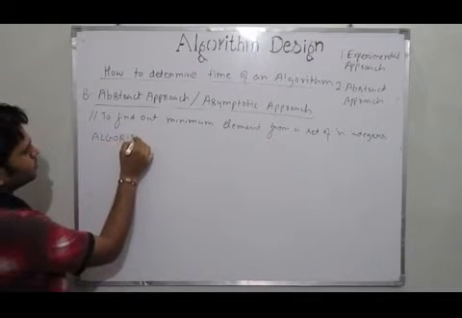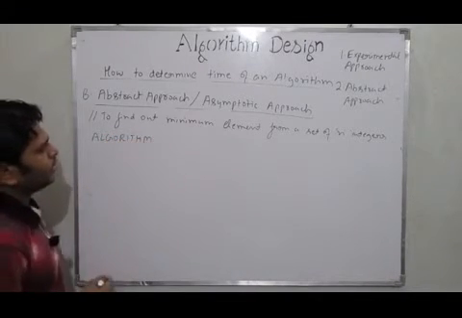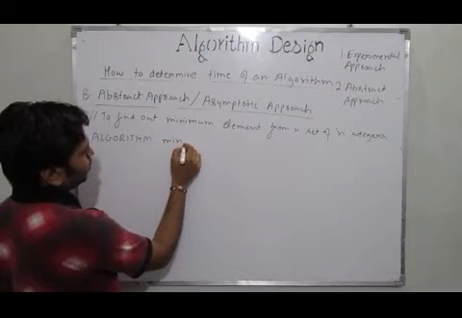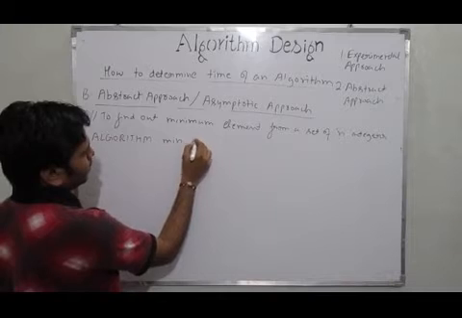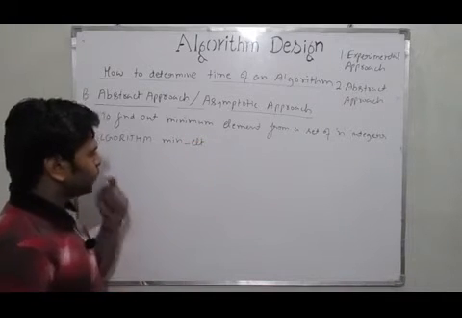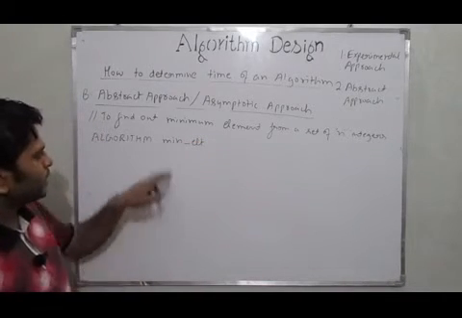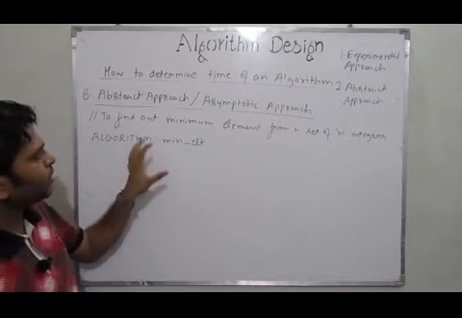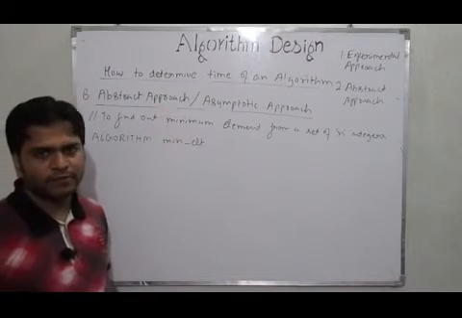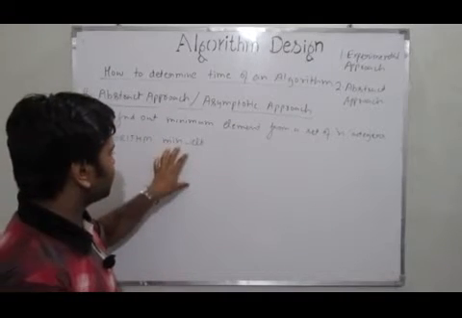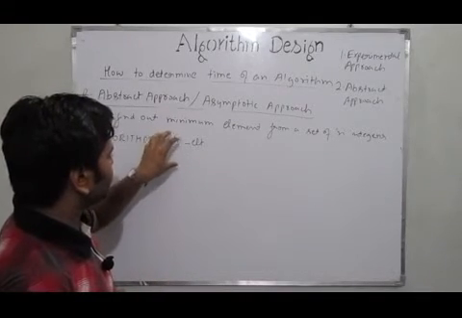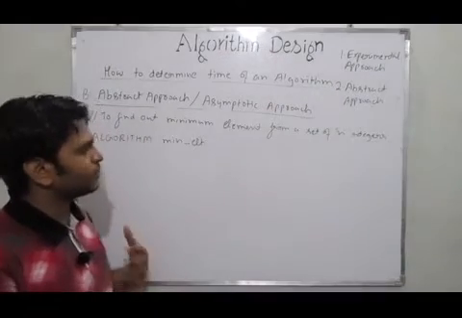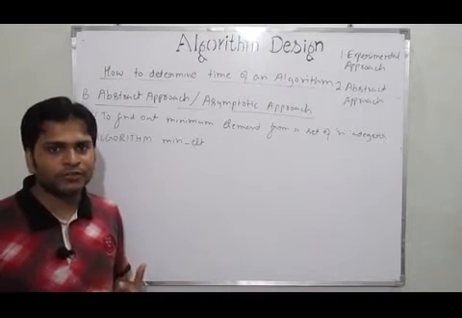So the pseudocode would be algorithm, and the name of this pseudocode is min element. You have to make sure that the name of the pseudocode must be very much familiar with the problem that we are designing. It must be very close to the problem we are defining, so that it gives an idea of what actually we are doing.